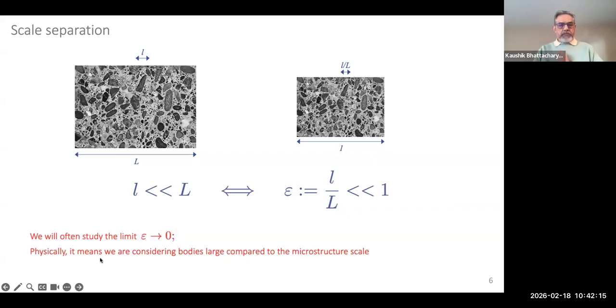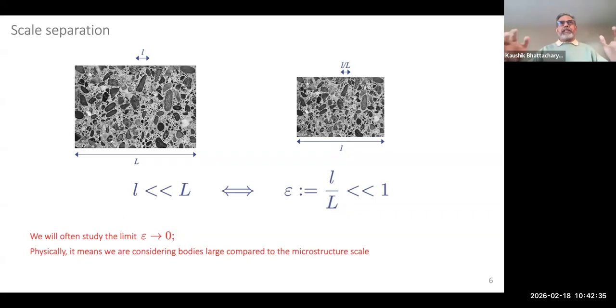What it really means physically is that we are considering large bodies. So it's not that the microstructure scale is fixed. If I look at a piece of concrete, for example, the length scale of the pebbles and everything is fixed. What we're looking at is larger and larger bodies.